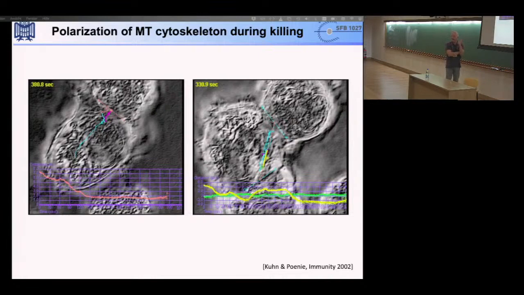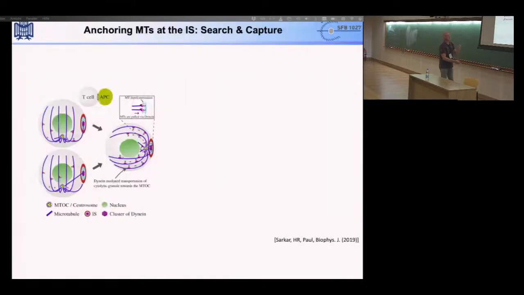And then they have to be pulled by dynein. This is the paper that Raja already mentioned, where the centrosome, by dynamic microtubules, stochastically searches for the center of the immunological synapse.